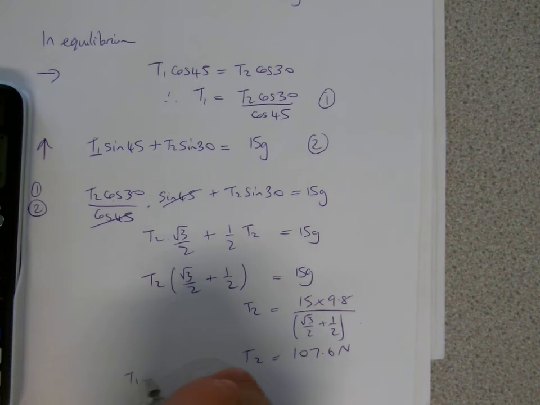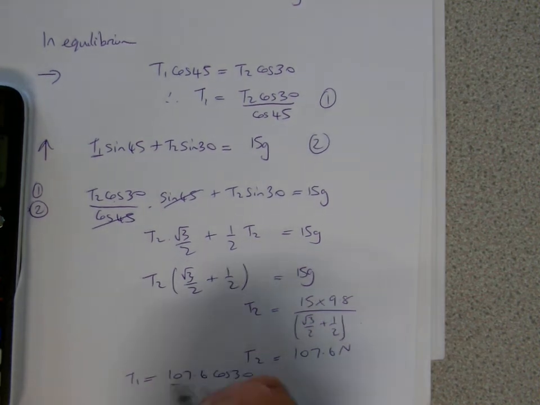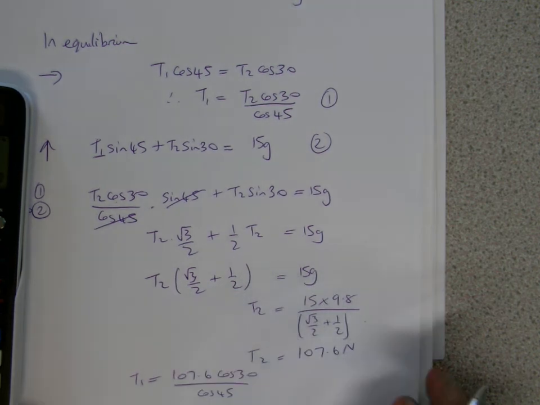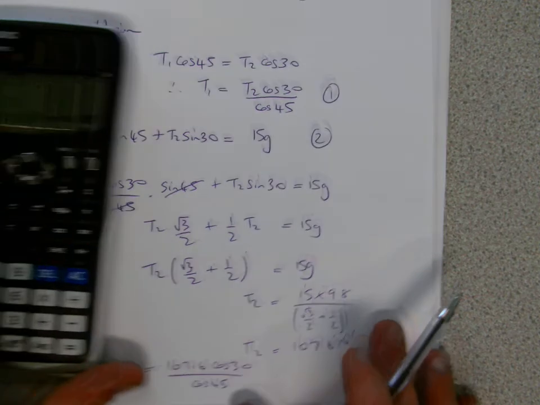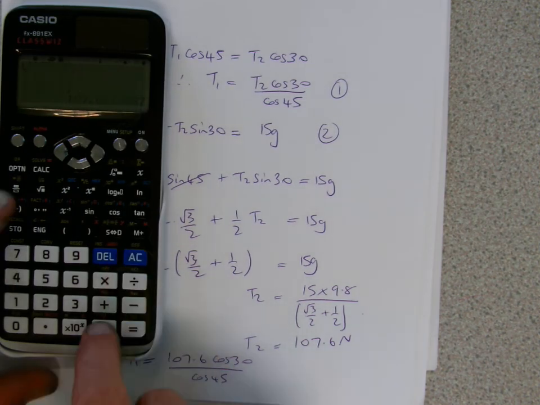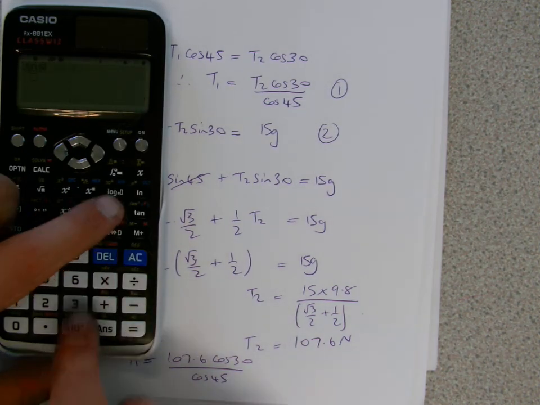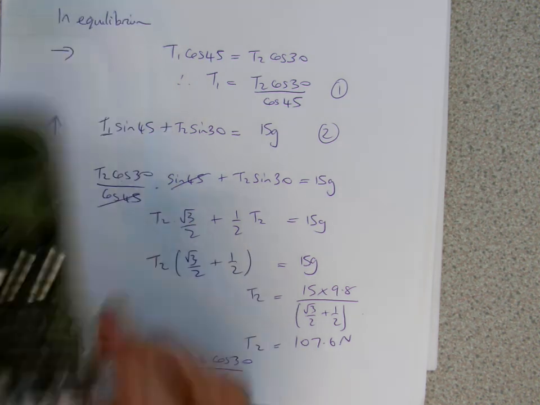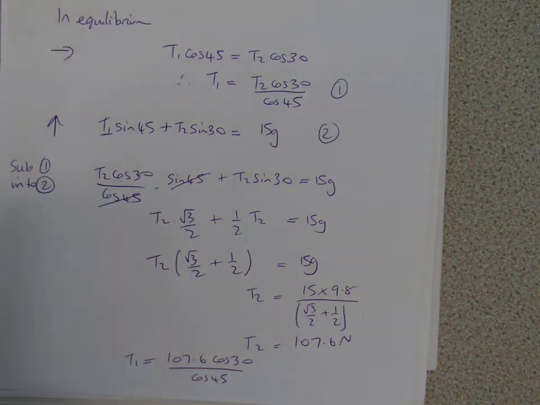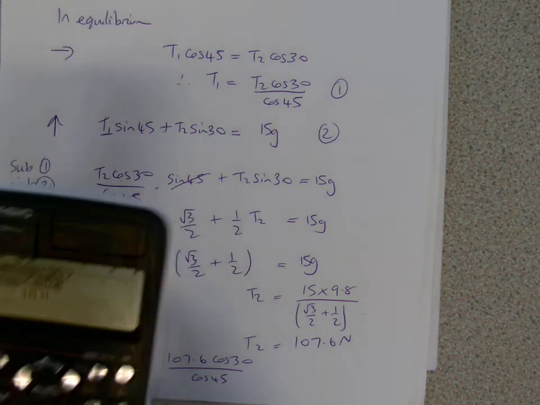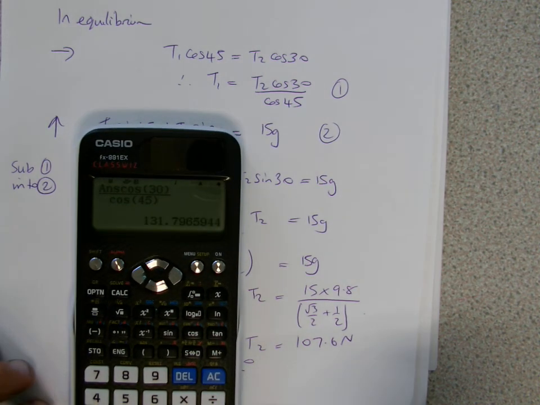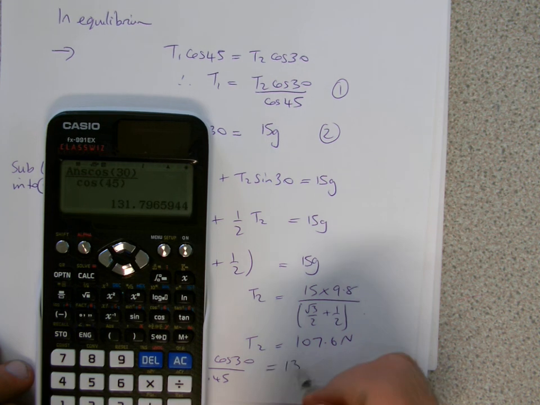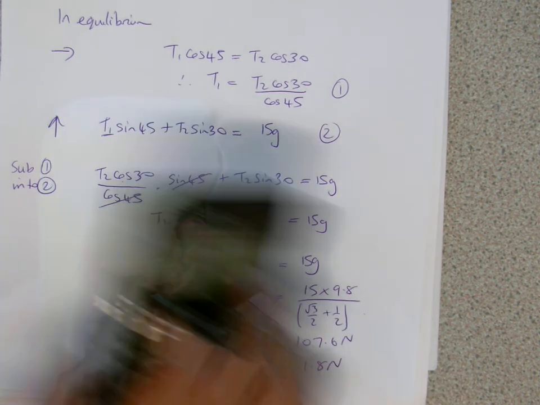So T1 equals 107.6 cos 30 all over cos 45. Make sure we're in degree mode, of course. I am, thank goodness. And then I get 131.8 newtons.